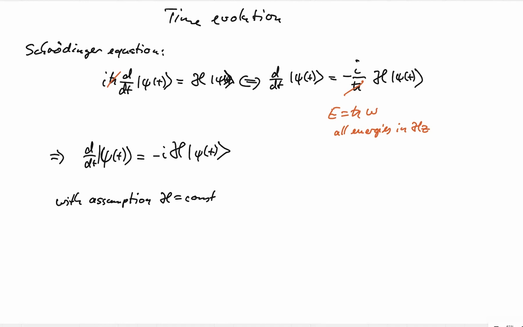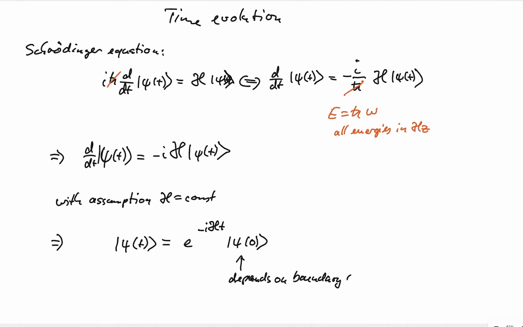And then the solution to this differential equation becomes particularly simple: psi of t becomes e to the minus i H t times psi 0, where psi 0 corresponds to the coefficient c that we discussed previously and which depends on certain boundary conditions that we give. So we now would like to see, of course, how we do such a calculation.